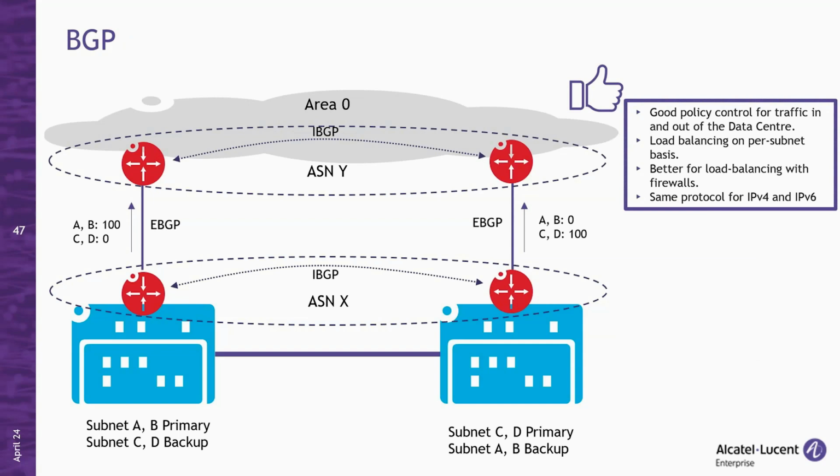So in this design, in this slide, IBGP will be used between the data center sites and EBGP between the data center and the campus. Traffic can be engineered for load balancing using the MED attribute and the local preference BGP attribute as well, such that some subnets will be advertised with better preference from one data center and with a worse preference on the other to ensure that both links are utilized.